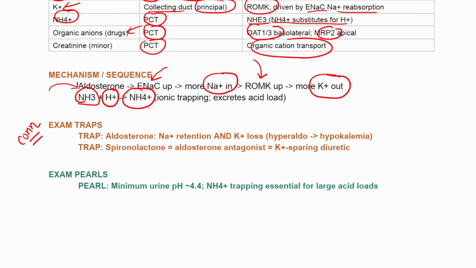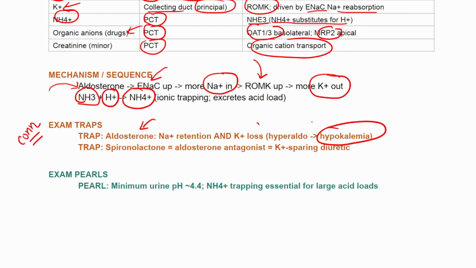You must remember the non-negotiable mechanism. Aldosterone drives the epithelial sodium channel up, as we already said, which forces more sodium reabsorption, naturally forcing more potassium out through ROMK channels. Therefore, hyperaldosteronism always leads to severe potassium loss, resulting in diagnostic hypokalemia.